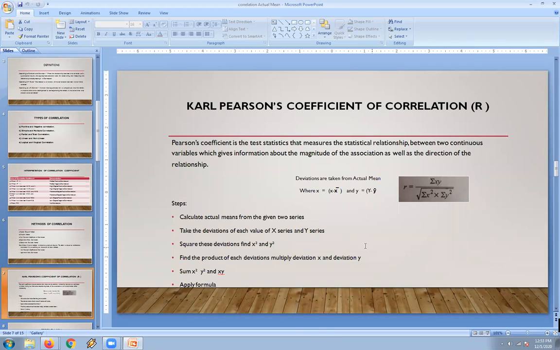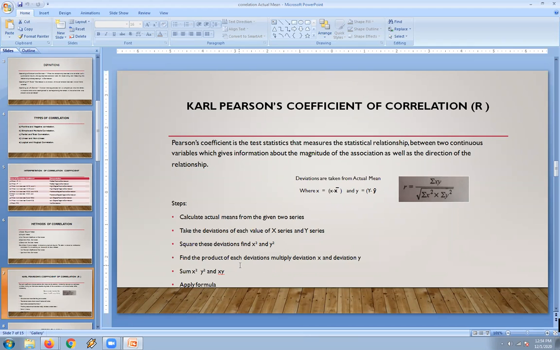So what are the steps to calculate these values? First we have to calculate the actual means for the two series. Later we take the deviations for both x and y: x is x minus mean, y is y minus mean. Then we square them, so one gets x square and another y square.